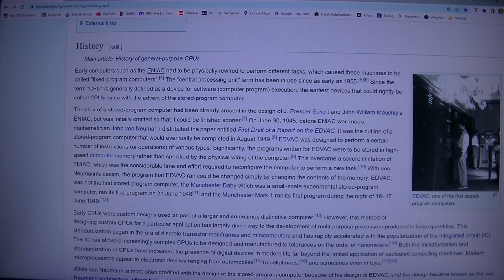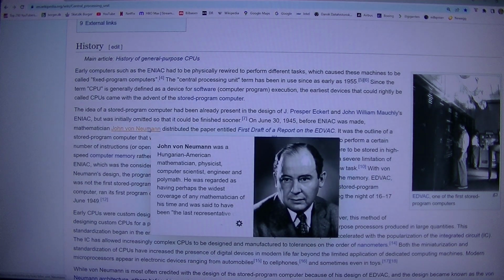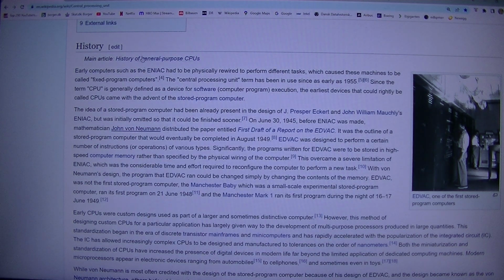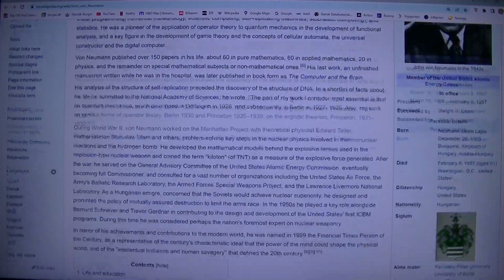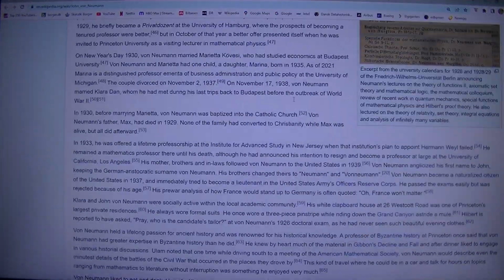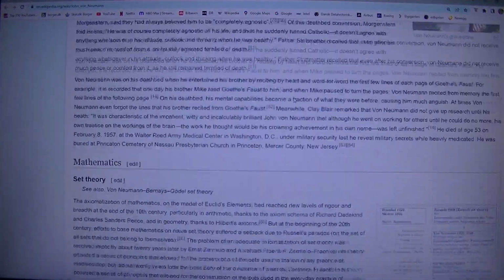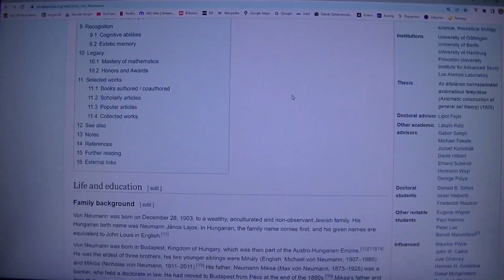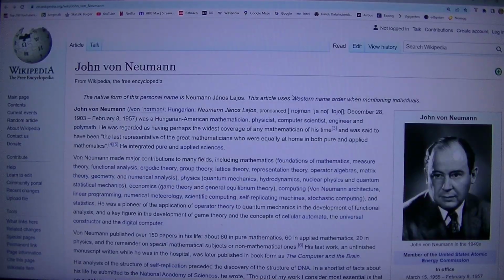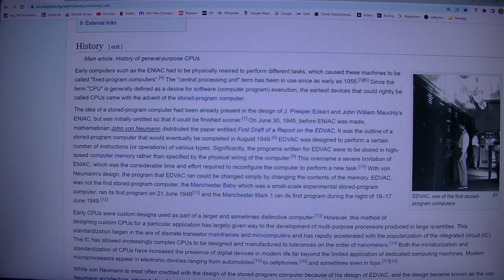And they keep mentioning John von Neumann. Probably should read about him. But that's many more days and days and days of reading.